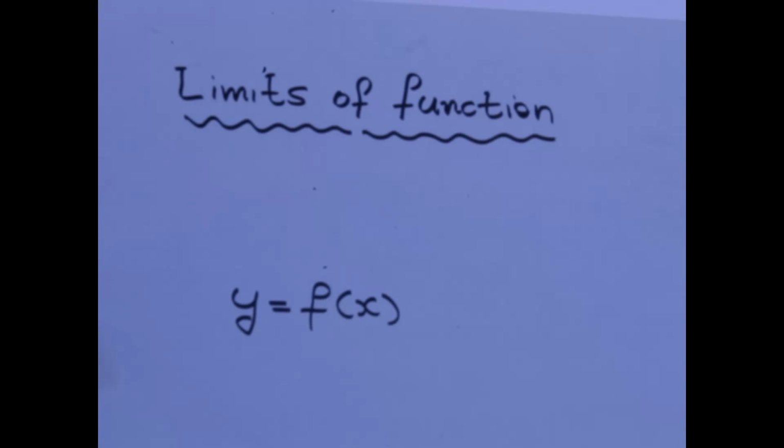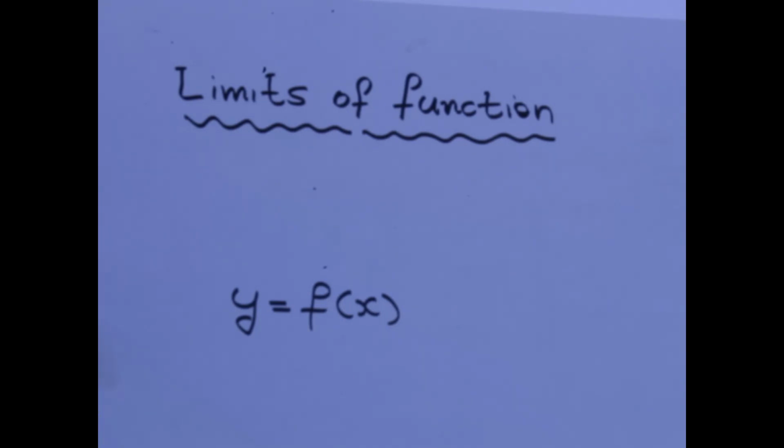In this case, we can have the limits of the function. The limit is the very, very close value of the actual value of the function. We have two types of limits here, left hand limits and right hand limits.